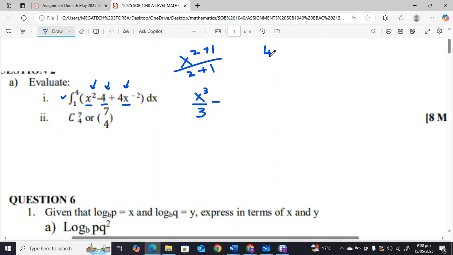4x to the power 0 plus 1. Yes, so just conclude this one.